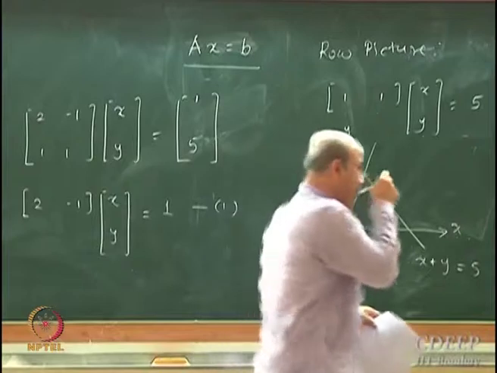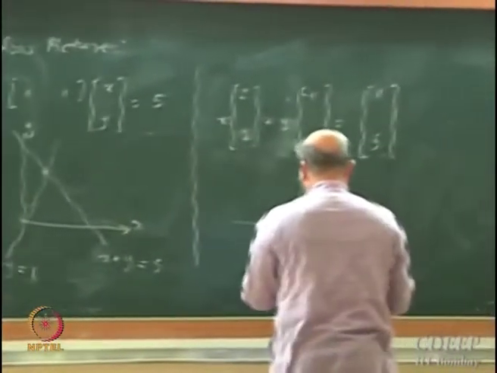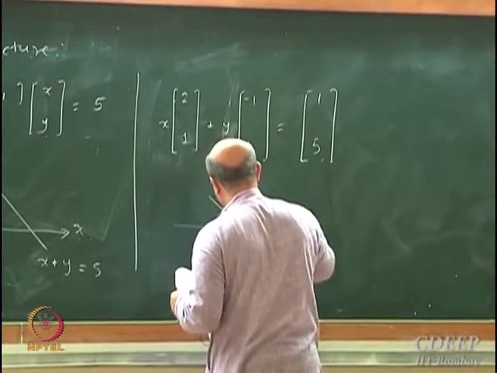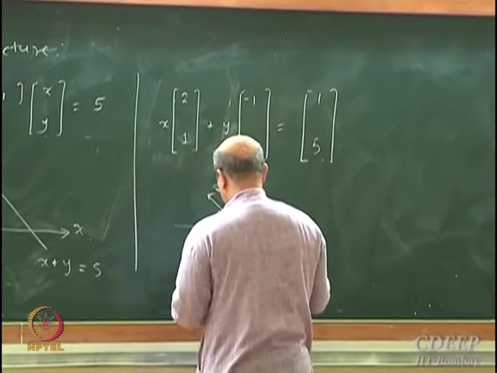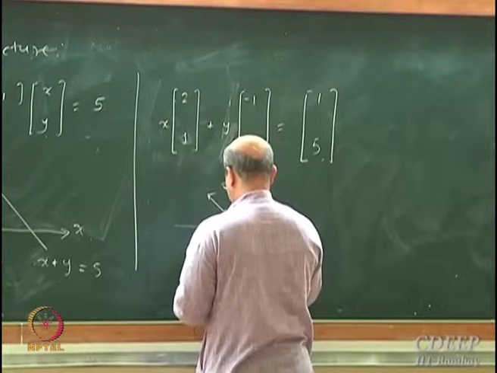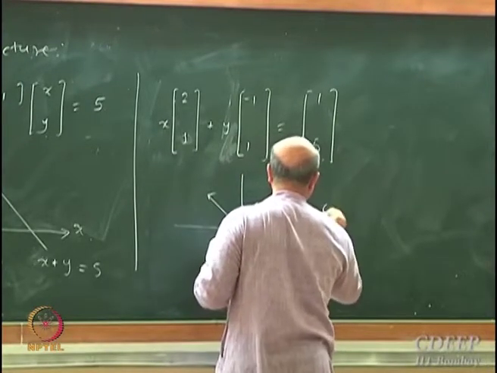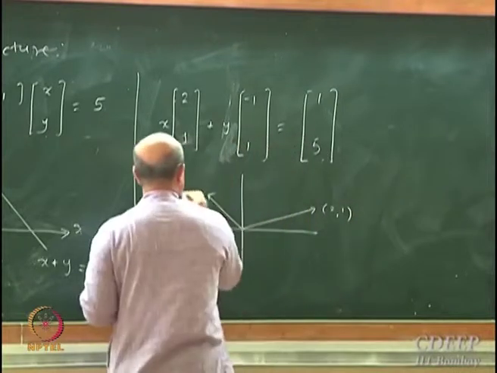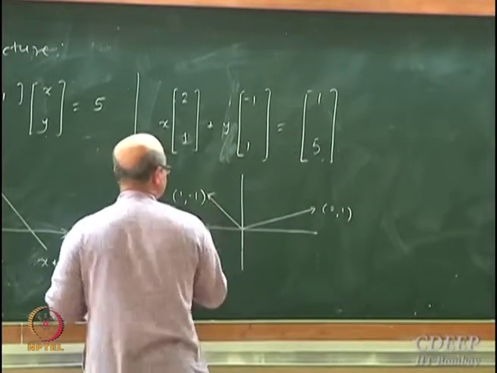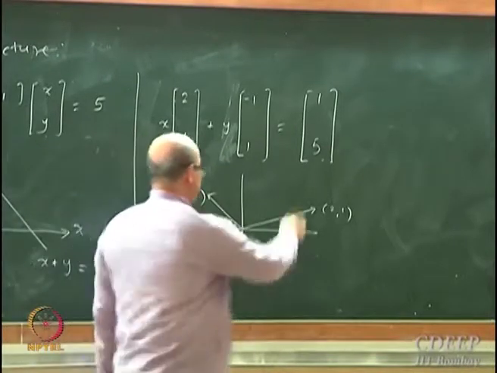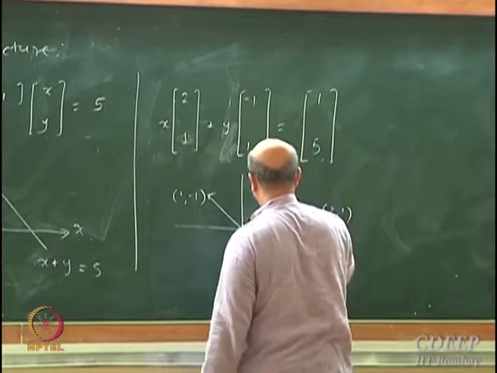So here what we are saying is, we have this vector [2 1], this vector [-1 1], and then my third vector is [1 5].